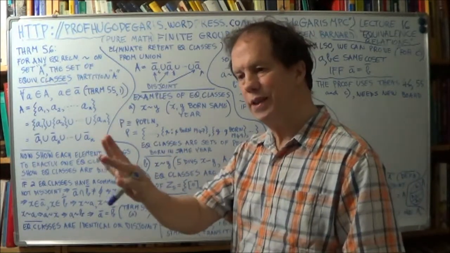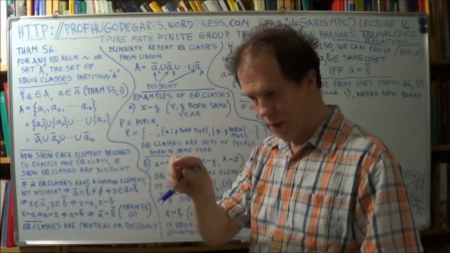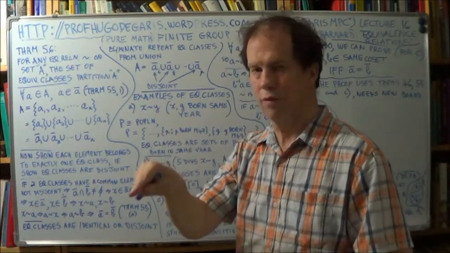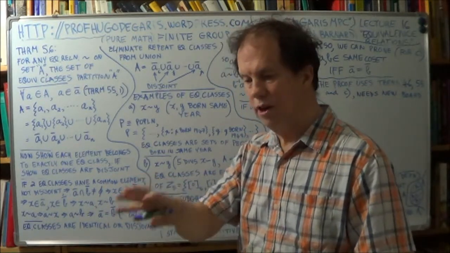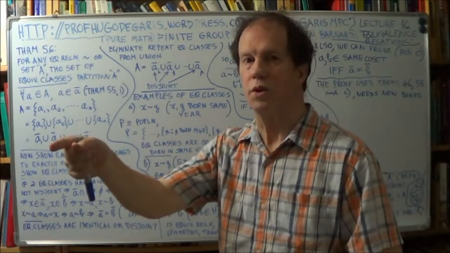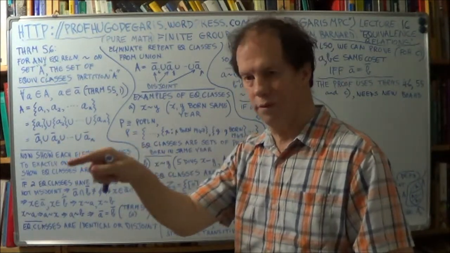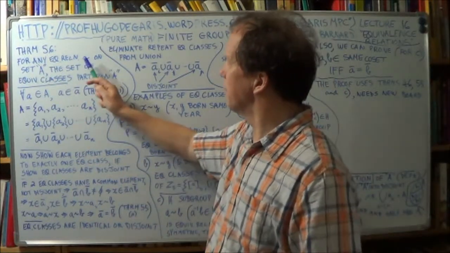And you may have a second, third or fourth equivalence class, and every member of that equivalence class, they're all equivalent to each other, but none of those in the second equivalence class are equivalent to any of the members of your first equivalence class. They're disjoint.